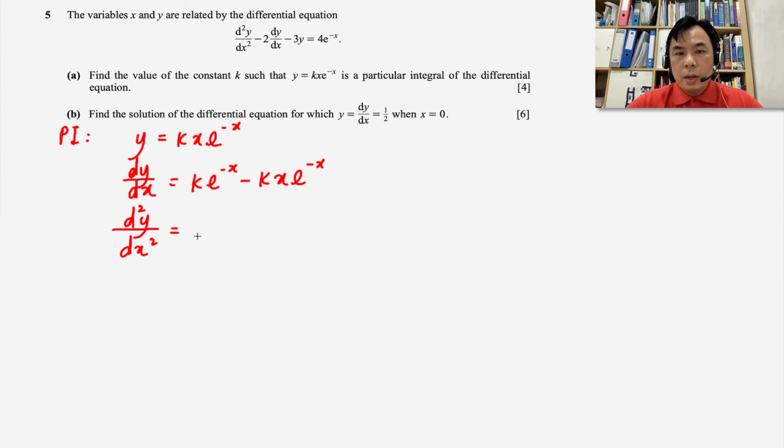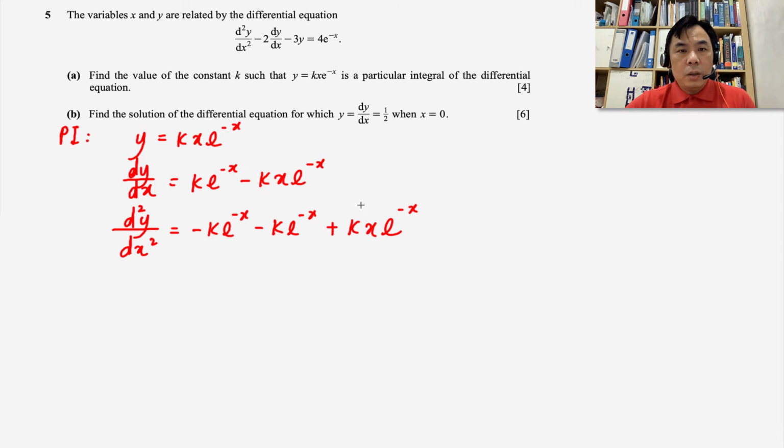Okay, and then that will yield negative k e negative x, and then as usual, this one we have k, not kx here, but ke negative x, and then after that we have the kxe negative x. All right, so I hope that is clear at this point.